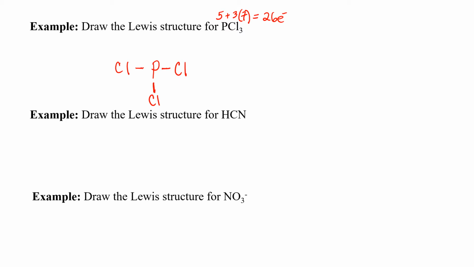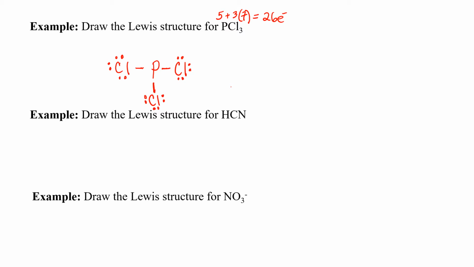I've got 26, so I've used 6, 8, 10, 12, 14, 16, 18, 20, 22, 24, and that's step 3. I've distributed the remaining electrons to the exterior atoms to give them an octet. Each of the exterior atoms has an octet.